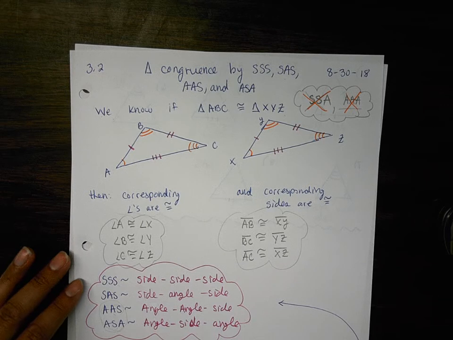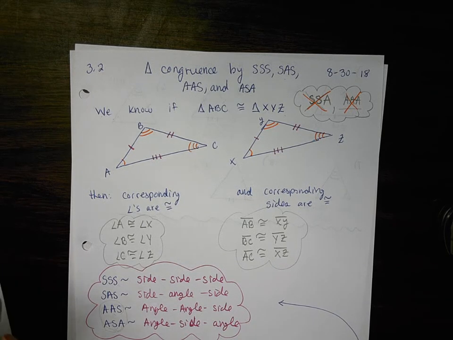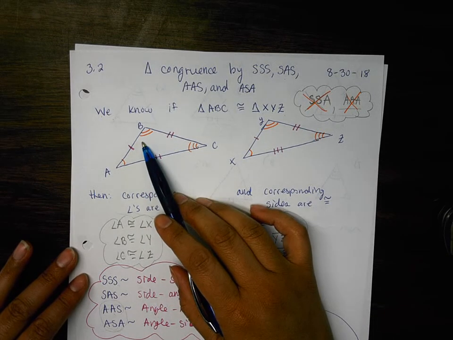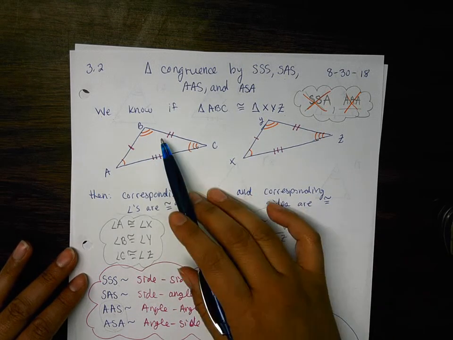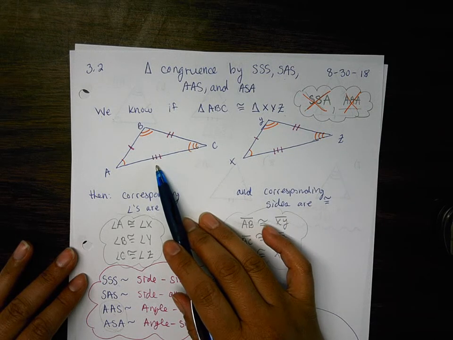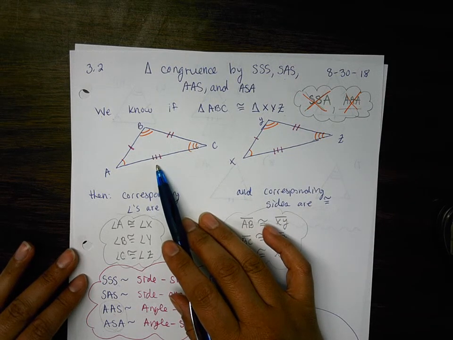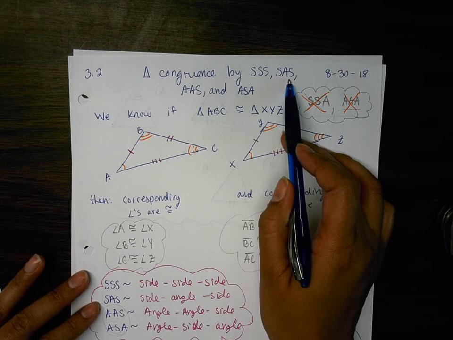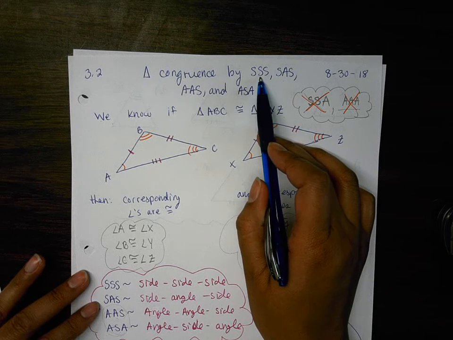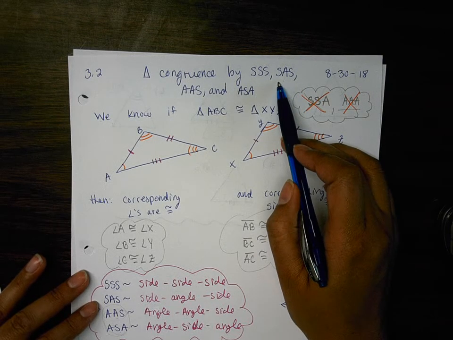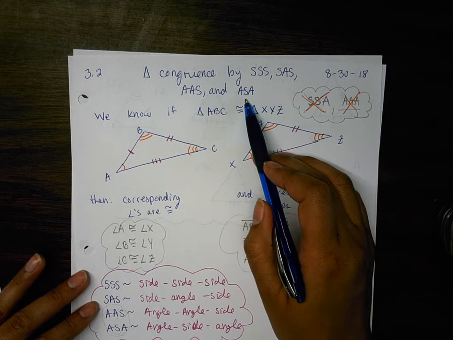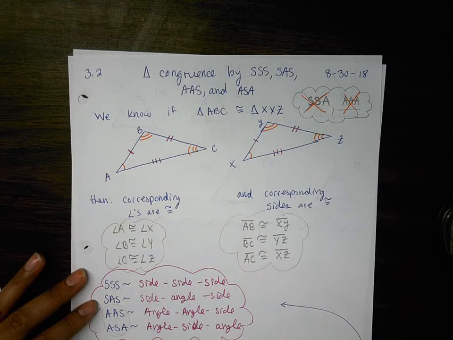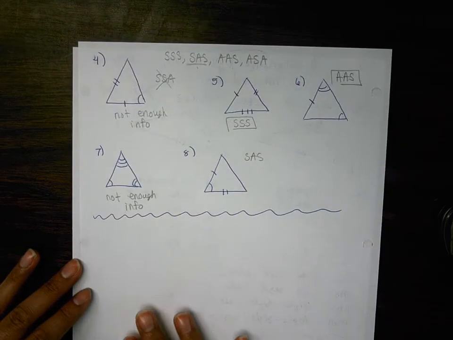So when we're trying to prove, and we will work with proofs, that triangles are congruent, it's going to take a really long time because we have to prove that every angle is congruent, and then we have to prove that every corresponding side is congruent, and that takes a while. So mathematicians before us have come up with shortcuts, and that's these shortcuts here. If you can prove that 2 triangles have corresponding sides that are congruent, or corresponding side angle side, or angle side, or angle side angle, you can say the 2 triangles are what? Congruent. All right, so let's start off with one.